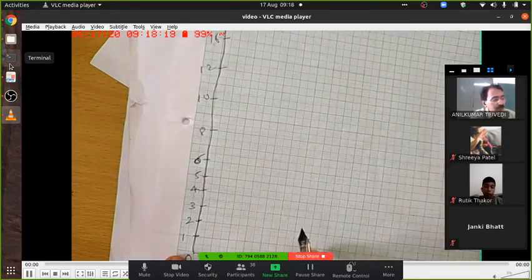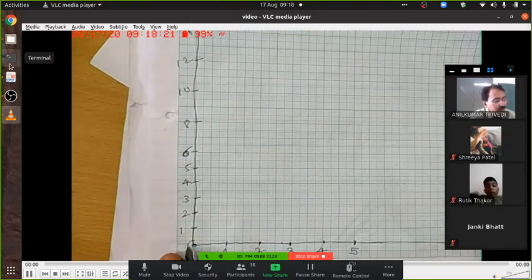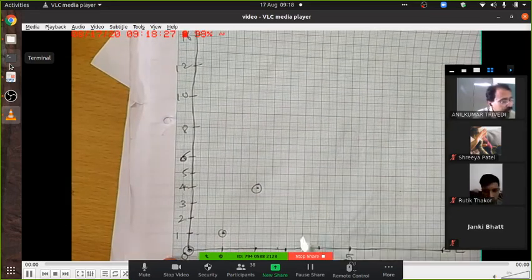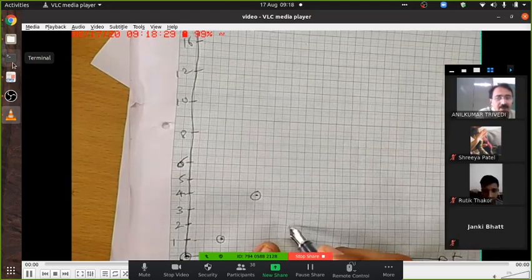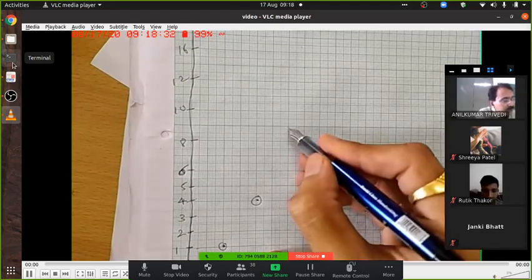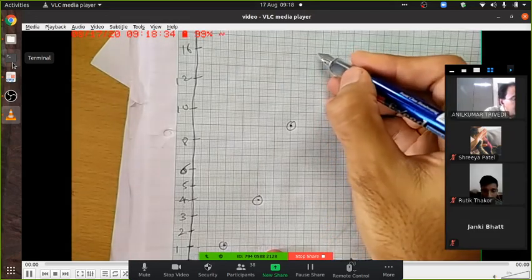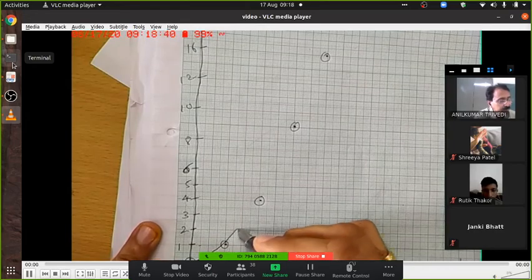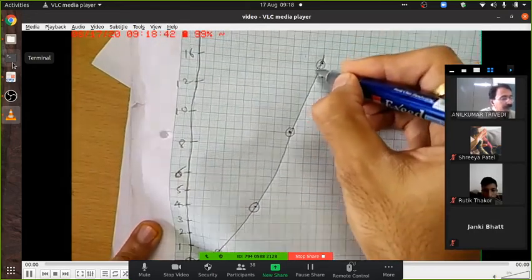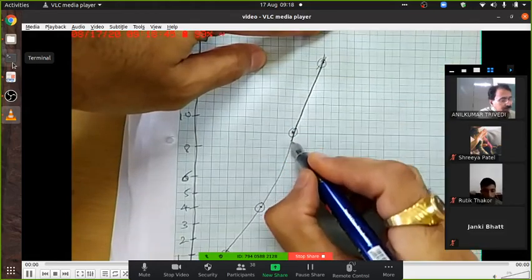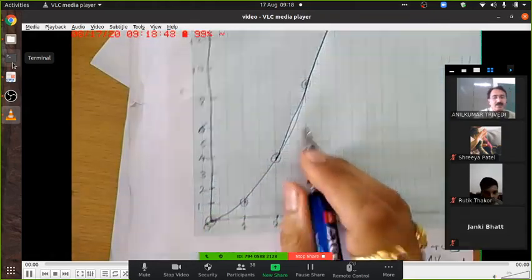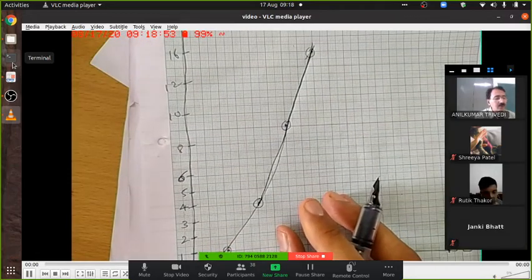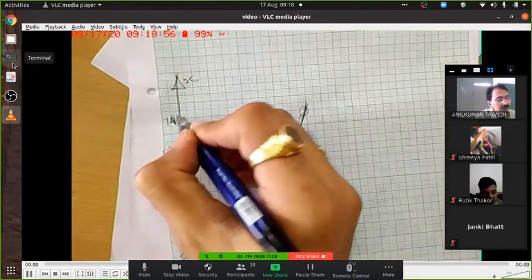Okay. Now we'll put down the points 0, 0, 1, 1, 2, then 4, 3, then 9, and 4, then 16. Okay, the graph will be like this. It's not a straight line, it's a curve. So the last one is 14. Oh, sorry. This is 14 and this is 16.